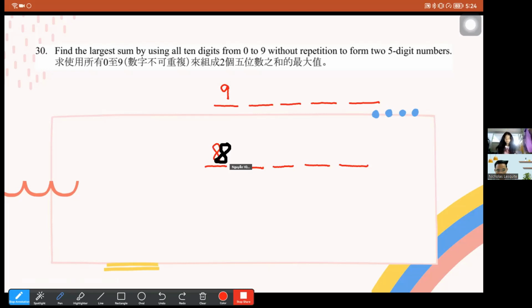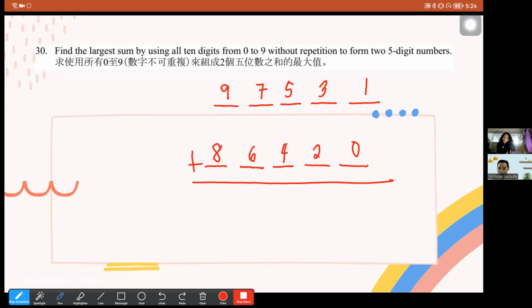Then 7, then 6, then 5, then 4, then 3, then 2, then 1, then 0. So if you add these, that would equal 183,951. So the answer is 183,951.